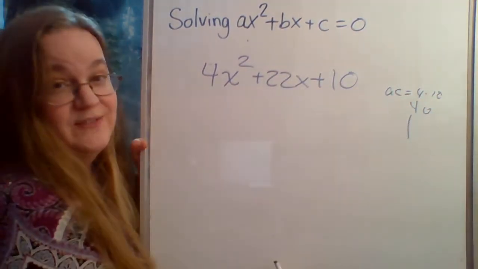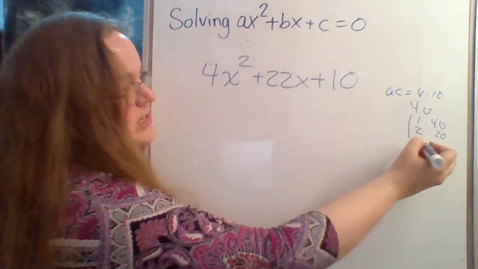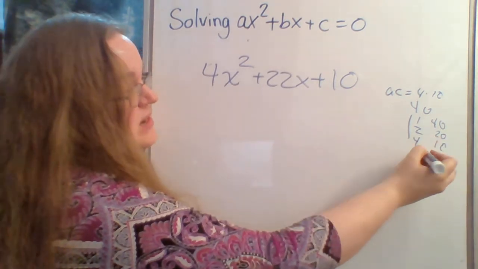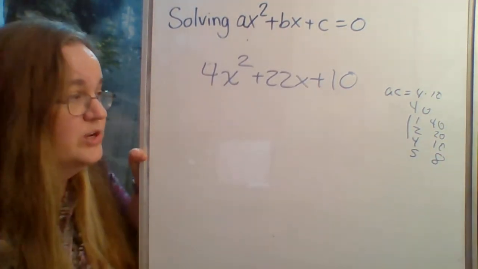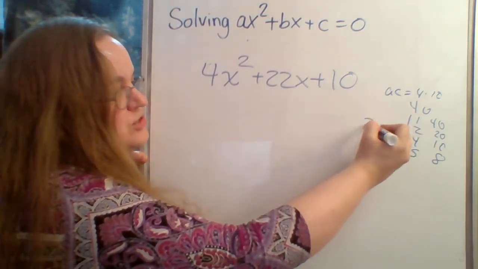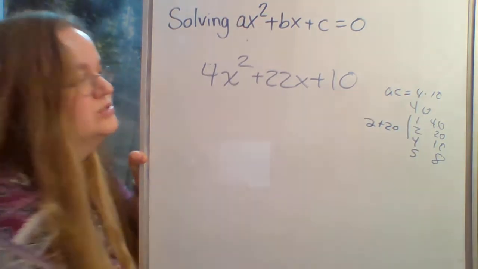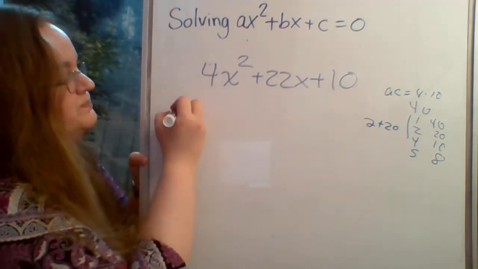I want to look for my factors of 40. 1 times 40, 2 times 20, 4 times 10, 5 times 8. This is a sum, so I'm looking for which pair of factors add together to give me 22. And 2 plus 20 is 22, so that's going to be the 2 that I want to use.